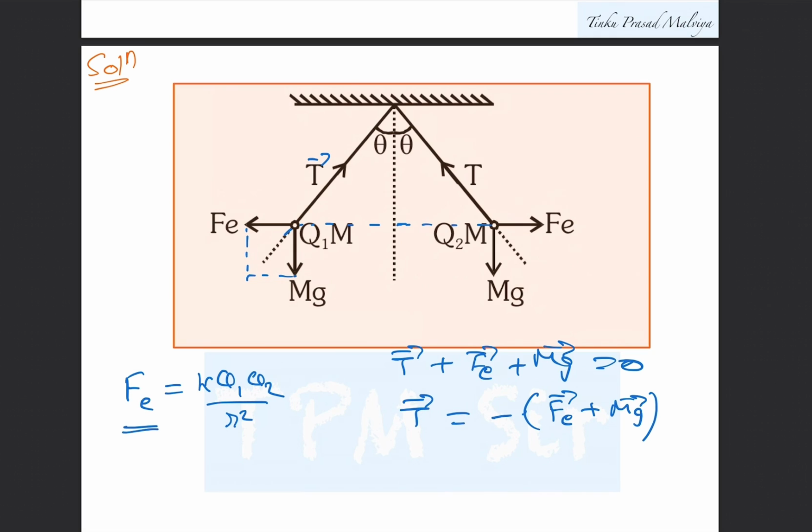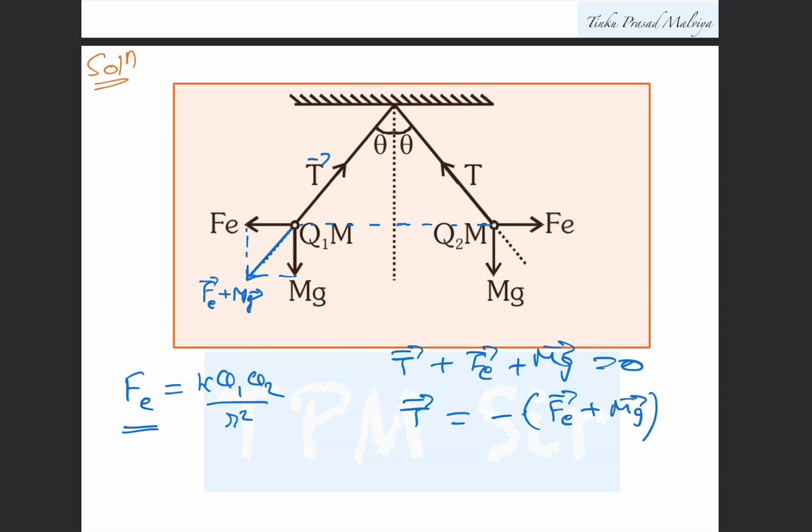So let me draw this here. Okay, fine. So this is the resultant, and tension is actually balancing this. This is the F resultant. Let me write it properly. This is Fe vector plus mg vector.